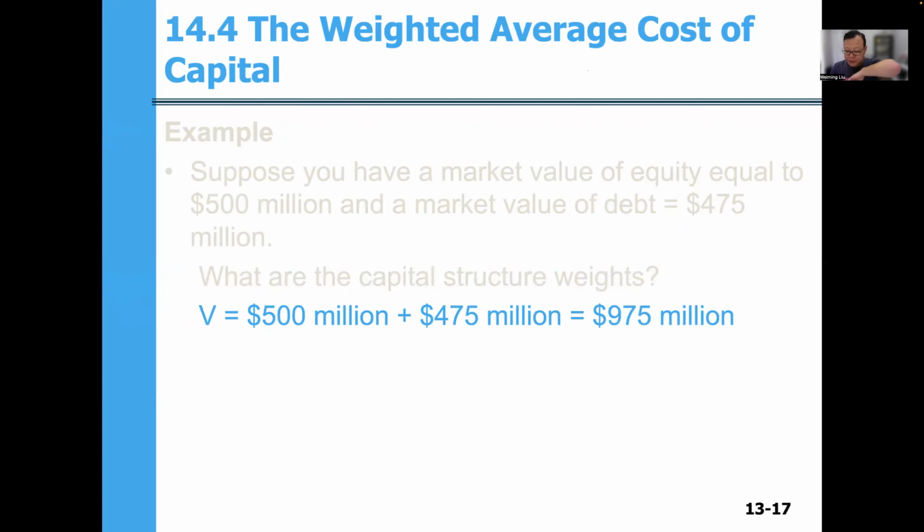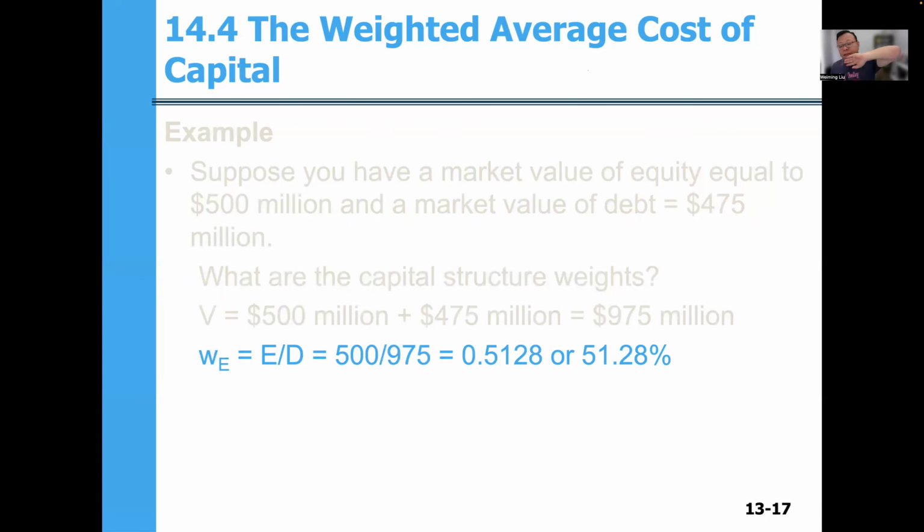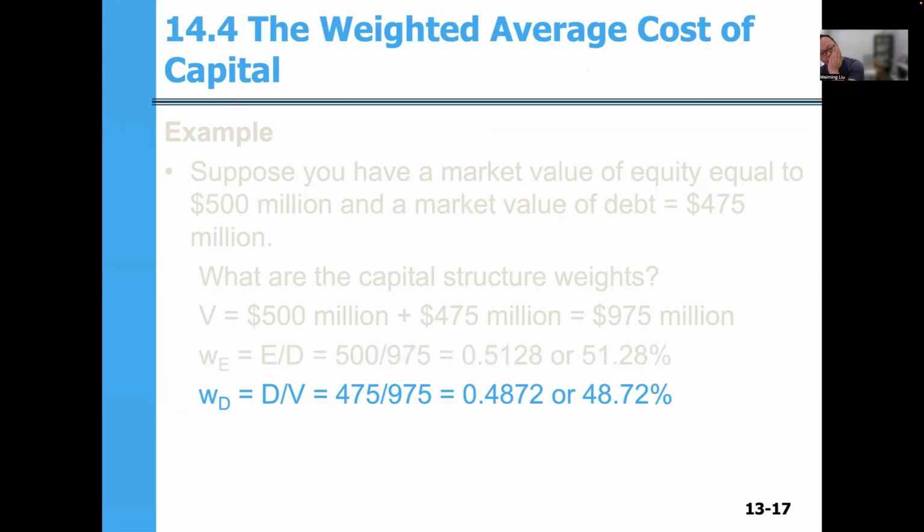If I use 500 divided by 975, I get the weight for equity is just over 50%, 51.28%. And the remaining percentage is the weight for the debt. So D divided by V equals 0.4872 or 48.7%.